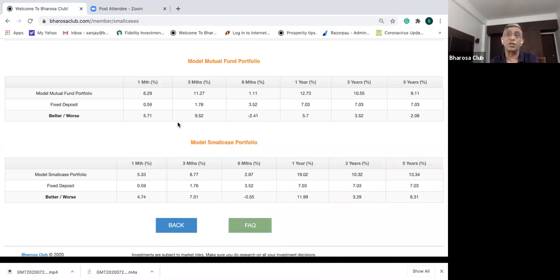But again, with innovation and regulatory changes, this could be changed. So a couple of things that small case and Axis Mutual Fund can look at in terms of innovation, and then use RIAs and other distributors to distribute these widely so that more and more people end up using small cases or mutual funds rather than staying stuck in fixed deposits.